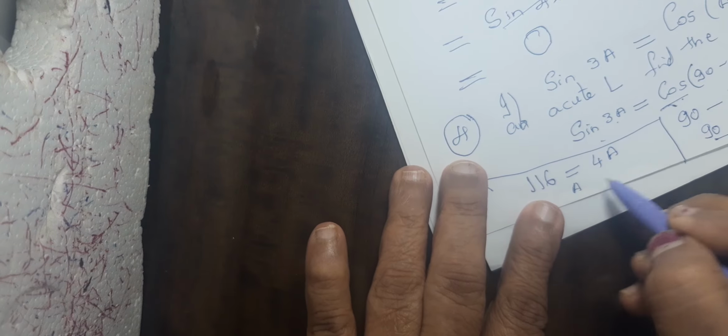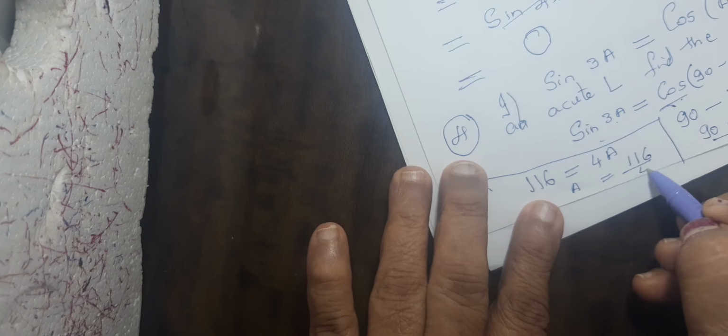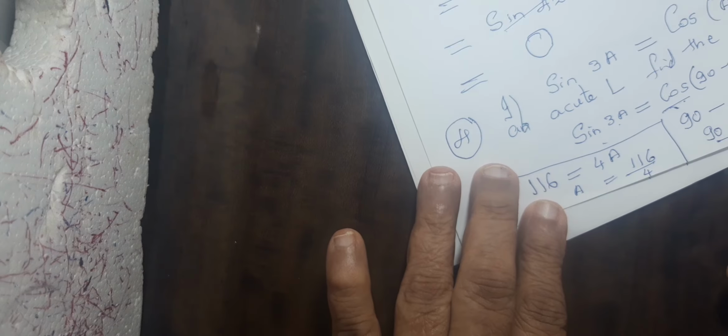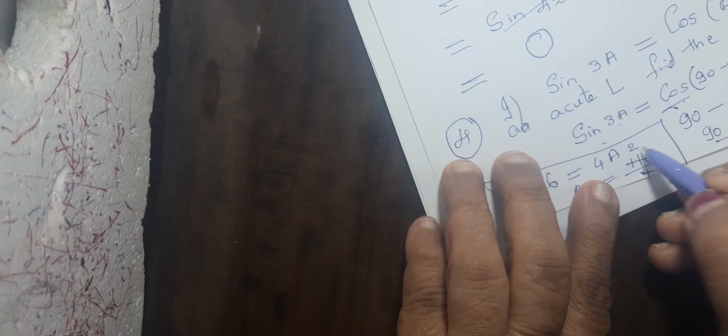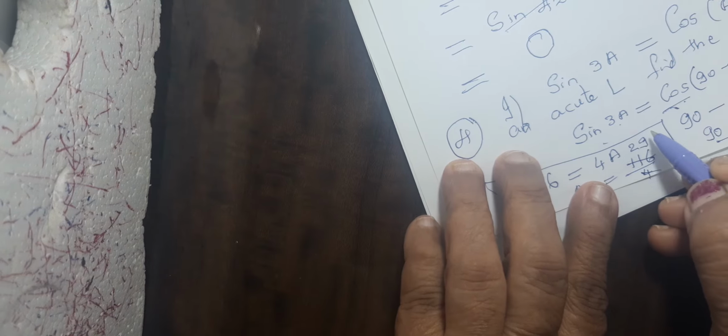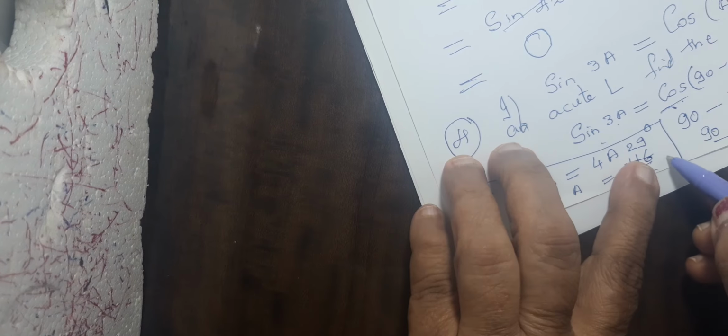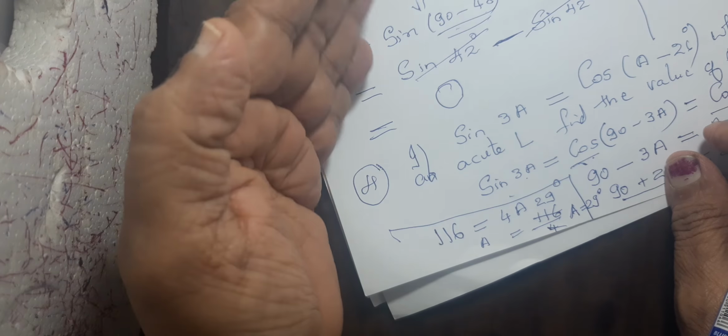So a is equal to 116 by 4. 4 1s are 4, 4 2s are 8, 4 9s are 36. So A is equal to 29 degrees. It's an acute angle, you have got the answer. So A is equal to 29. This is the way to do such a type of sum. This is slightly different. All are different types of sums.